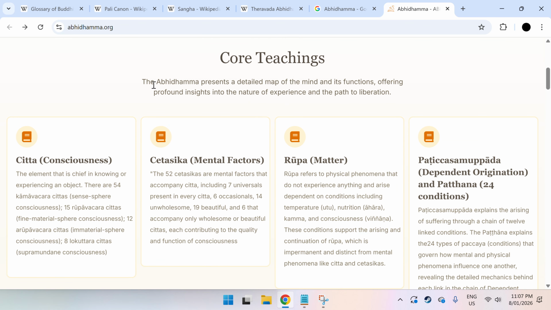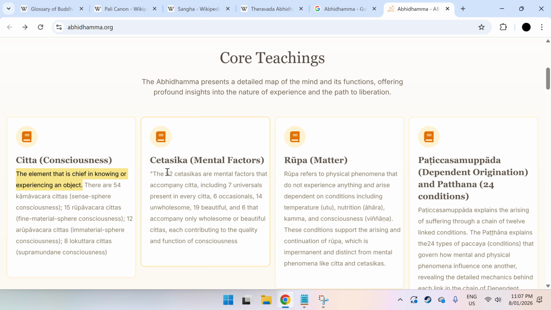The Abhidhamma presents a detailed map of the mind and its functions, offering profound insights into the nature of experience and the path to liberation. Citta, consciousness: the element that is chief in knowing or experiencing an object. What you'll find studying Buddhism is there's a very strong psychology or theory of mind. Cetasika, mental factors.